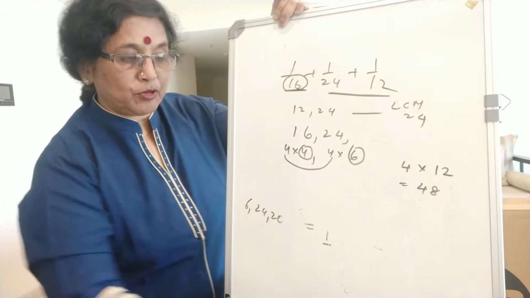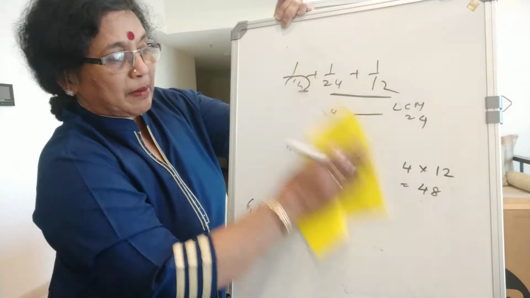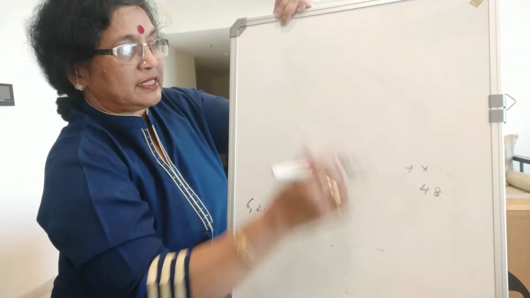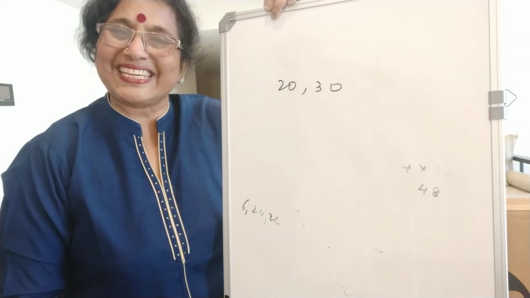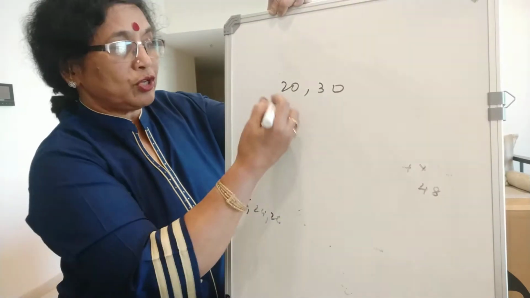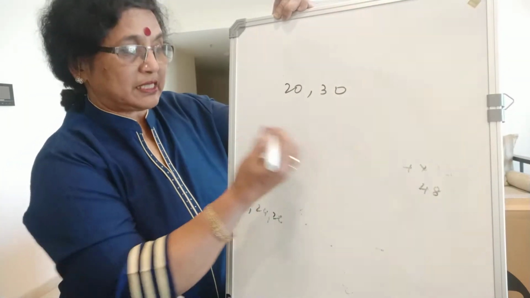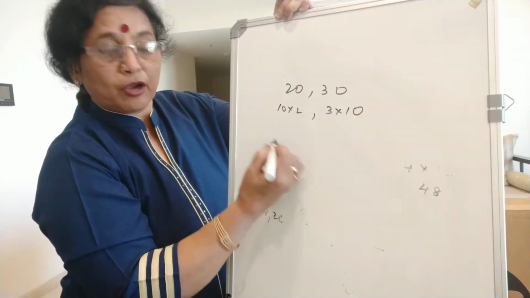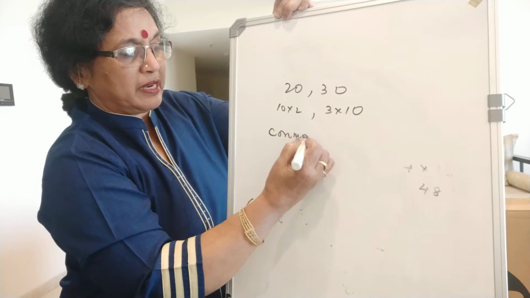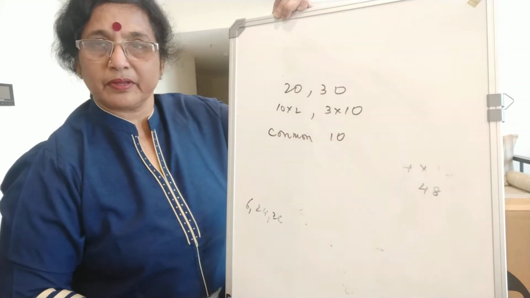Right? Suppose you have numbers like 20 and 30. The LCM of 20 and 30, you know it is 60. But still, 10 and 2, 10 and 3. The common number is 10. Right?